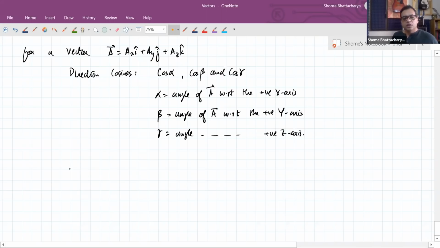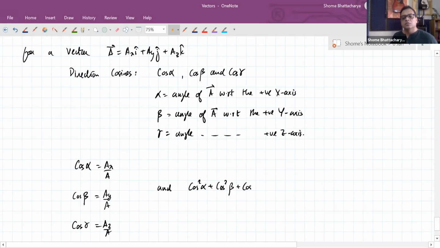Now we're going to look at the formula for the direction cosines, which we will justify at a later stage when we discuss dot products. The direction cosines, if you're already aware of this, you will know, are given by these formulae respectively. And they have an important identity between them, that cos square alpha plus cos square beta plus cos square gamma is equal to unity. This is also an important identity to understand.